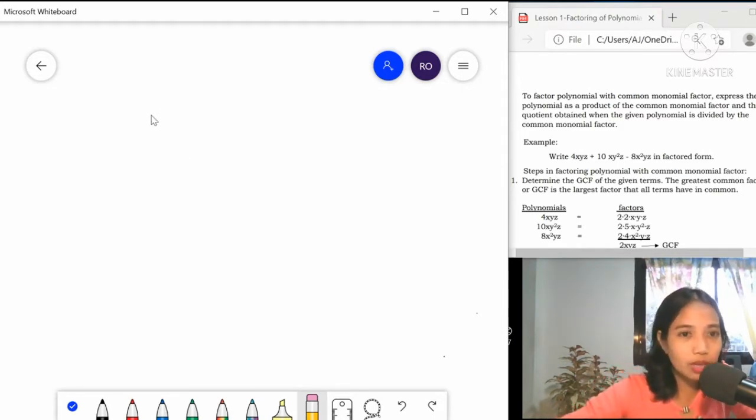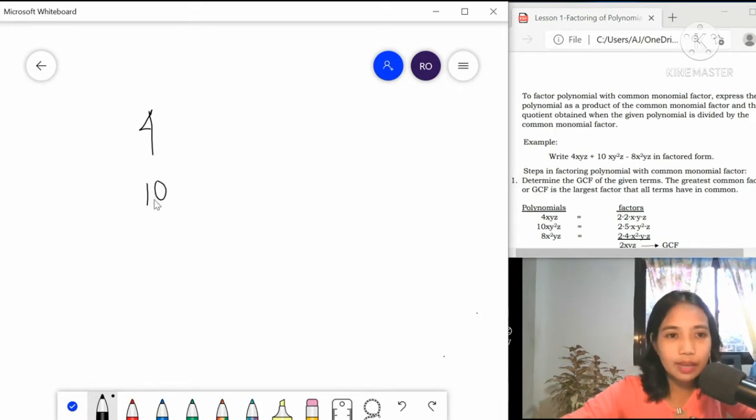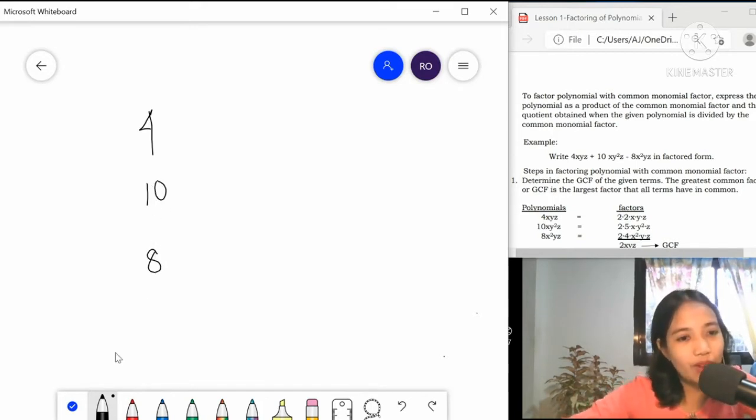So what are the numerical coefficients? 4, 10, and 8. Pag sinabi nating factors, ito yung mga number na kailangan natin or pwede nating i-multiply na magiging sagot ang 4, o kaya ang 10 or 8.